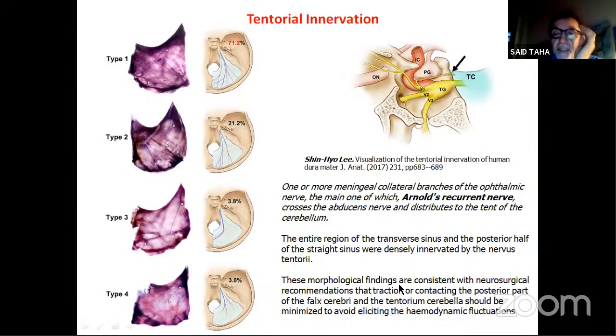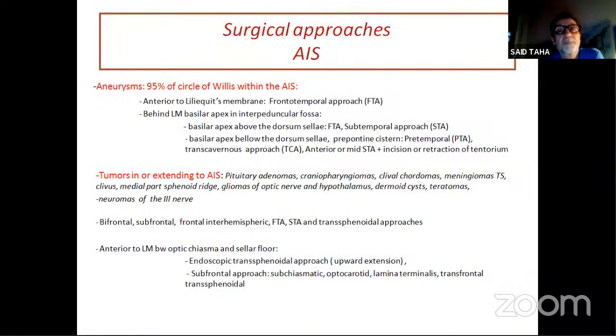These morphological findings are consistent with the neurosurgical recommendation that traction or coagulating the posterior parts of the falx cerebelli and tentorium cerebelli should be minimized to avoid hemodynamic problems.